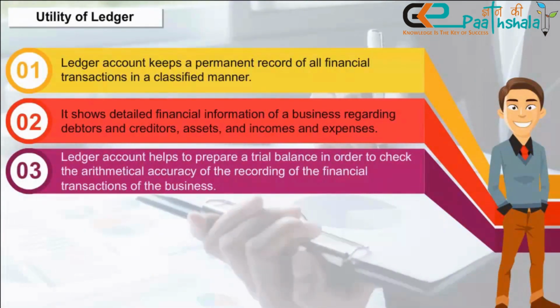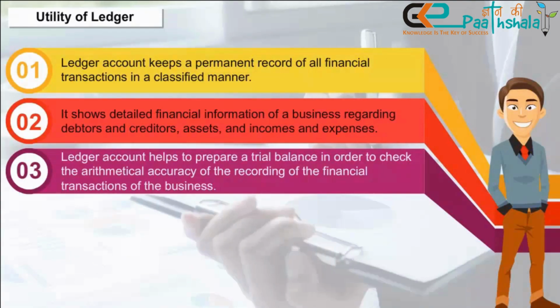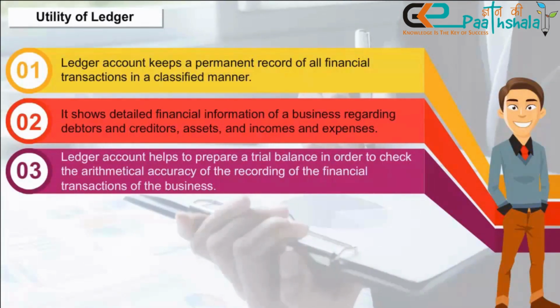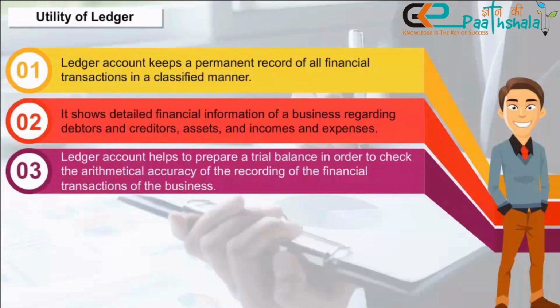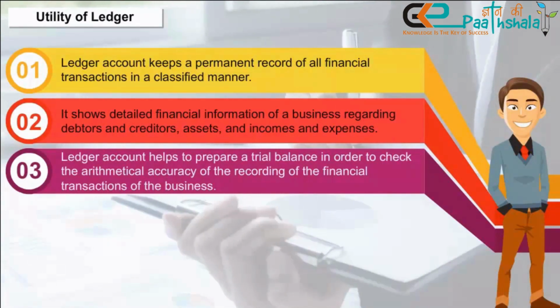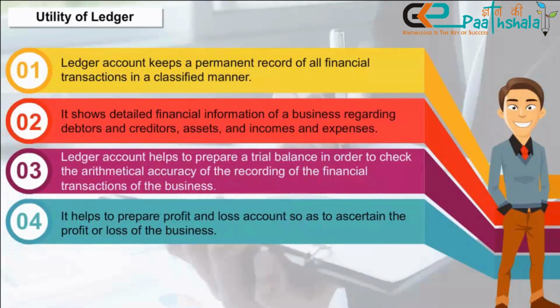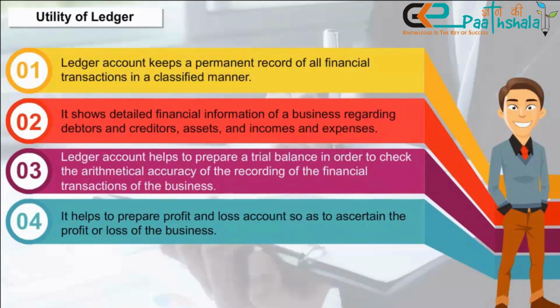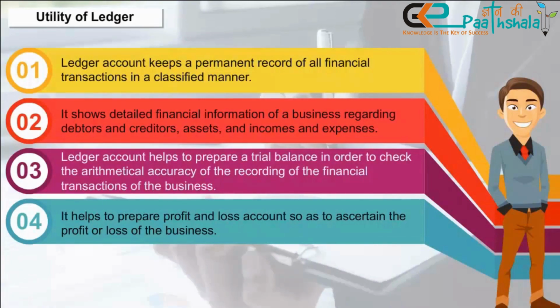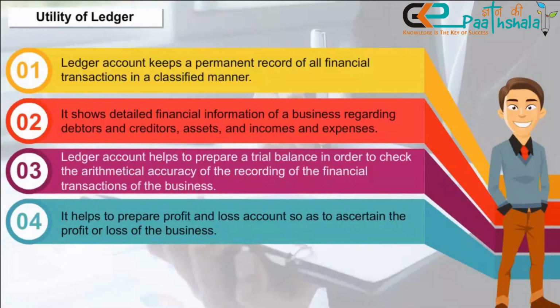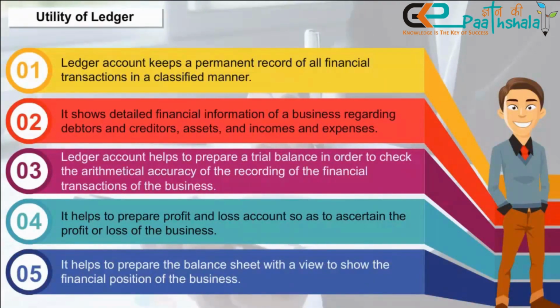Ledger account helps to prepare a trial balance in order to check the arithmetical accuracy of the recording of the financial transactions of the business. 4. It helps to prepare the profit and loss account so as to ascertain the profit or loss of the business. 5. It helps to prepare the balance sheet with a view to show the financial position.